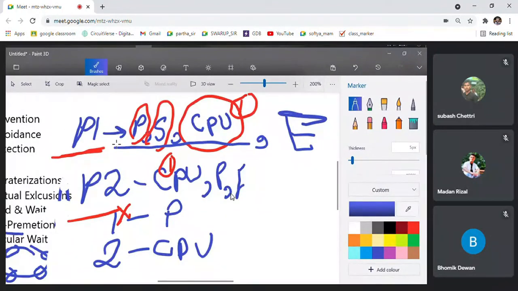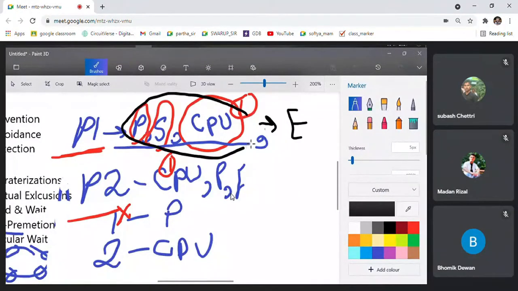It has been executing, but for P1 to complete its task, it is now waiting for resource E. P1 has been executing for some time, and to complete its task now it needs resource E. So it holds these many resources. Has means hold. It has them. So now it is waiting for resource E.